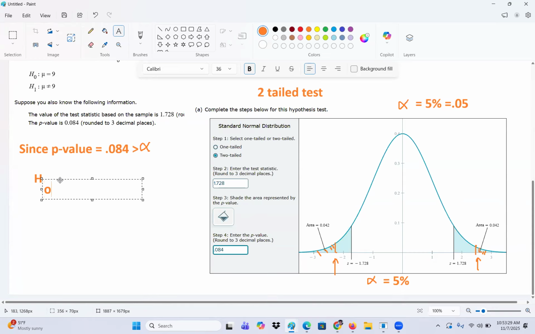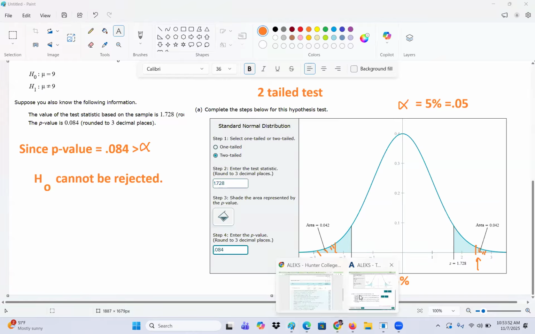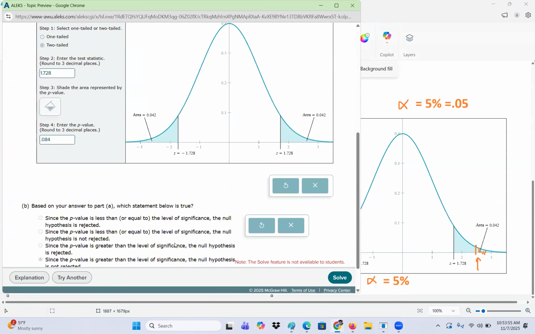So we cannot say anything, because we stay inside of the null hypothesis; it cannot be rejected. Okay. All right. So it stays inside of the confidence level. If we stay outside of that region, we're going to say yes, but if we stay inside of it, we're going to say no. Okay. As simple as that.